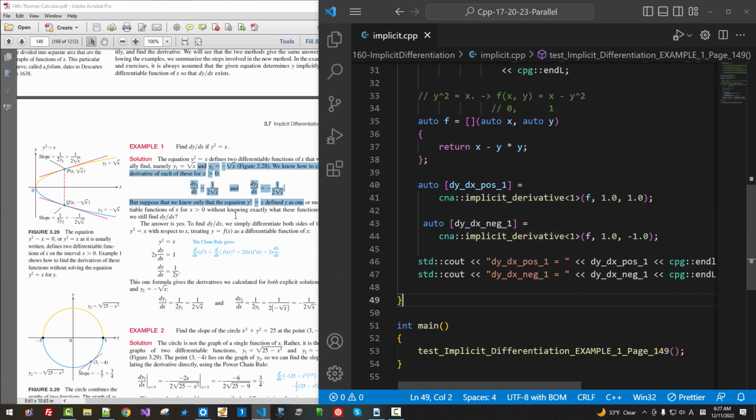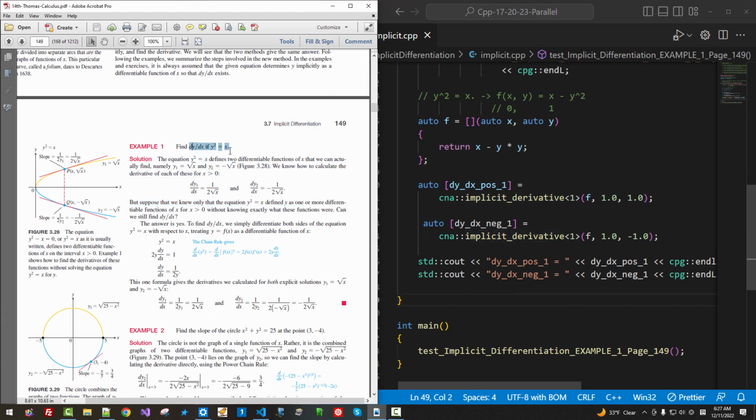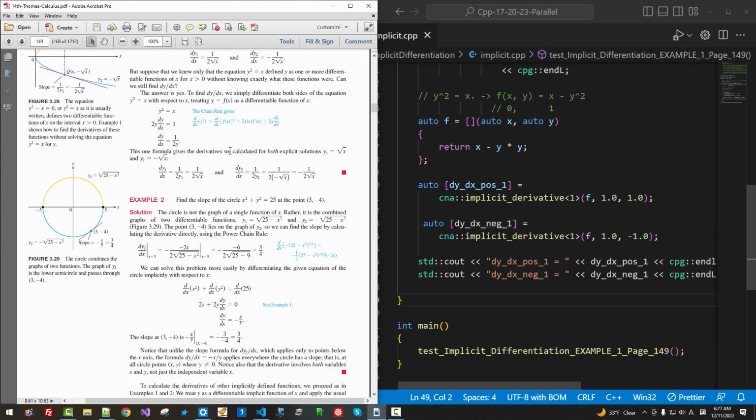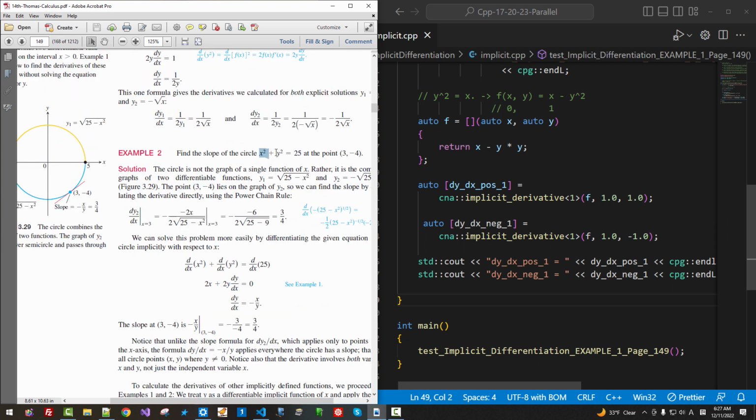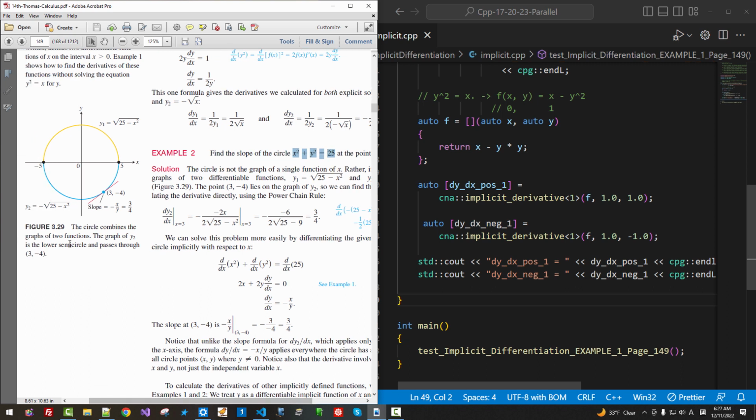If you think this problem is too simple, then we can try another example. Now we are given circle radius 5. In figure 3.29, this is circle radius 5. We want to evaluate slope at point 3, negative 4.